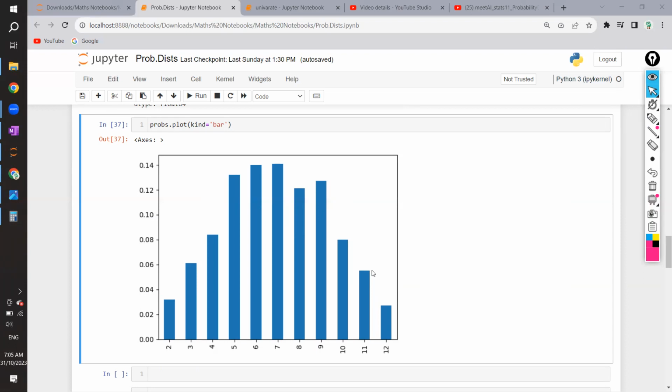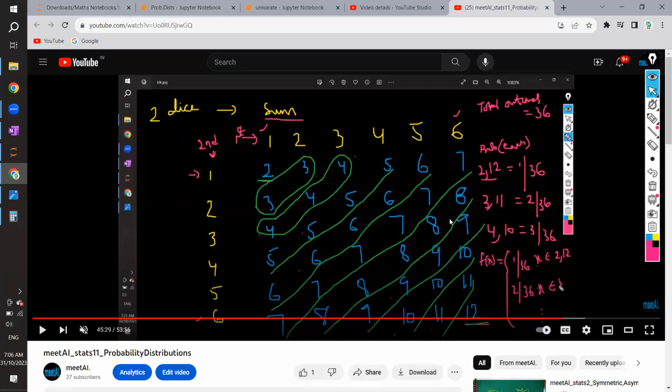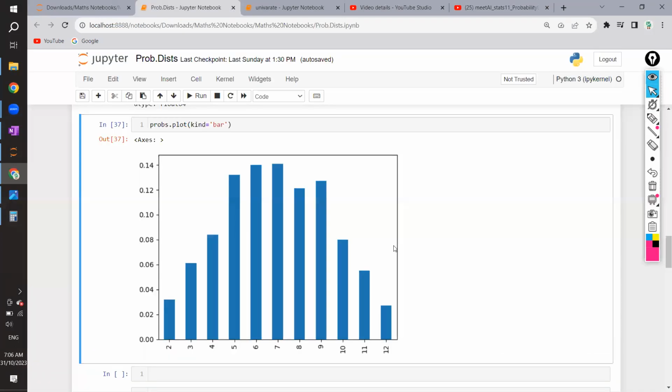Yes, sir. Yes, Santosh. Can you please open that? Here only 8 is unique, or 8 is equal to 5. Sorry, 6. 6 and 8 should have the same, 5 by 36.